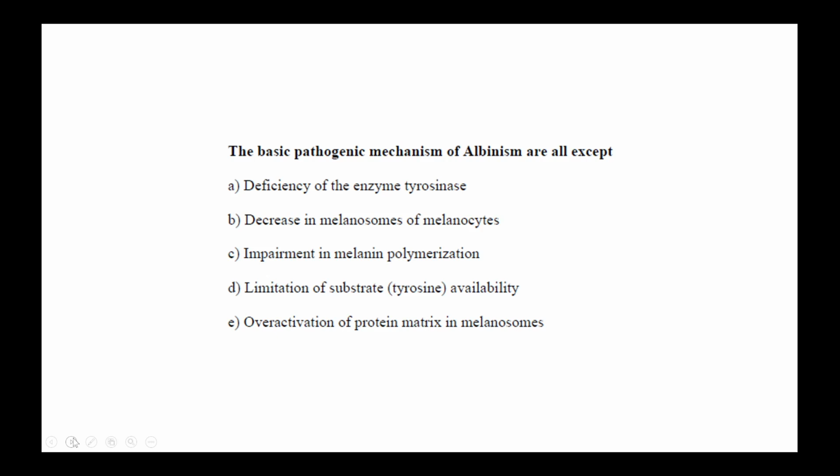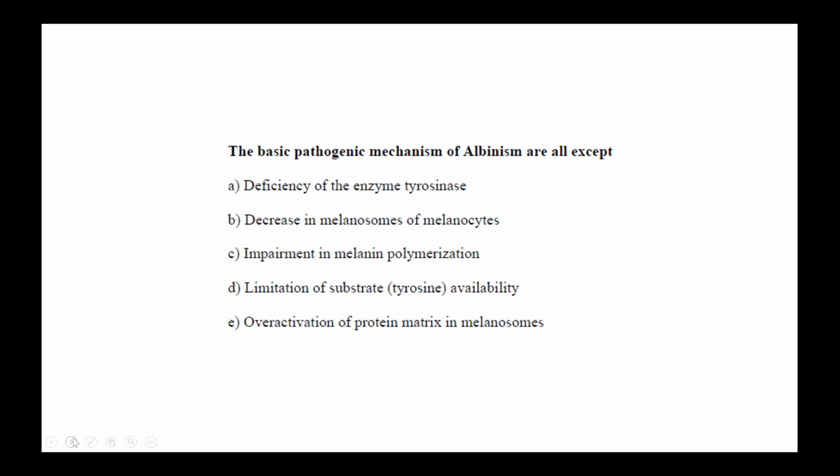So which of the following is not responsible for albinism basically? Deficiency of enzyme tyrosinase, decrease in melanosomes of melanocyte, impairment of melanin polymerization, limitation of the substrate availability, and overactivation of the protein matrix in the melanosomes.